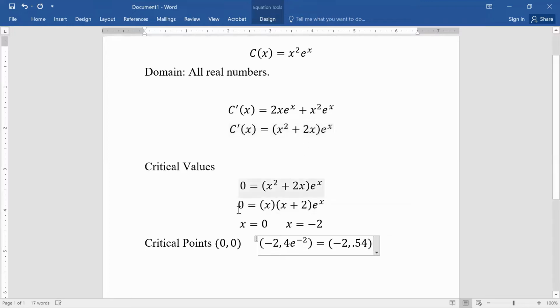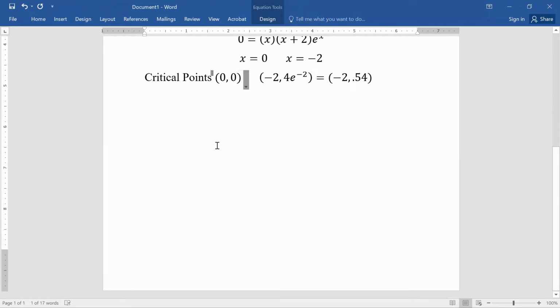Now that I've found my critical values, let's try to figure out what would happen if I took the second derivative. I'll look for points of inflection and then look for concavity at certain places. For the second derivative, I'm going to have to use a product rule once again. First component, second component.